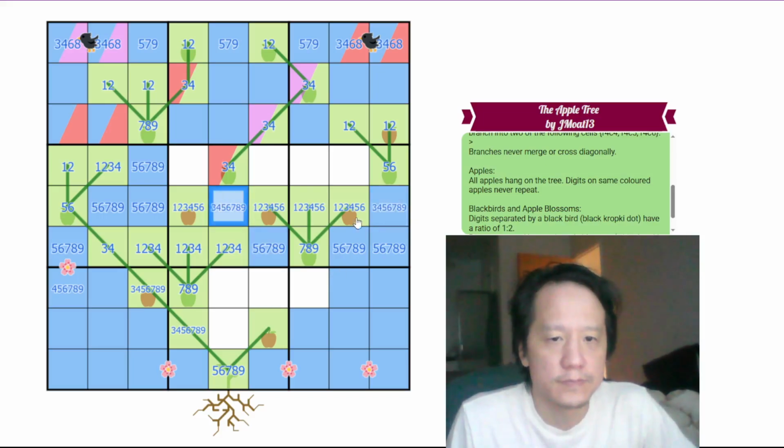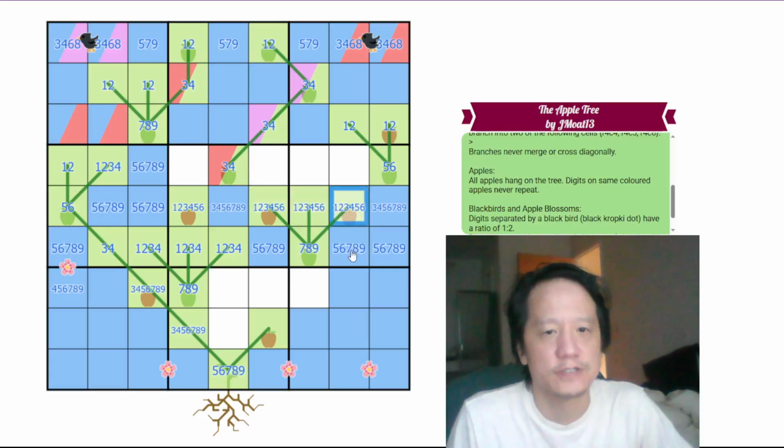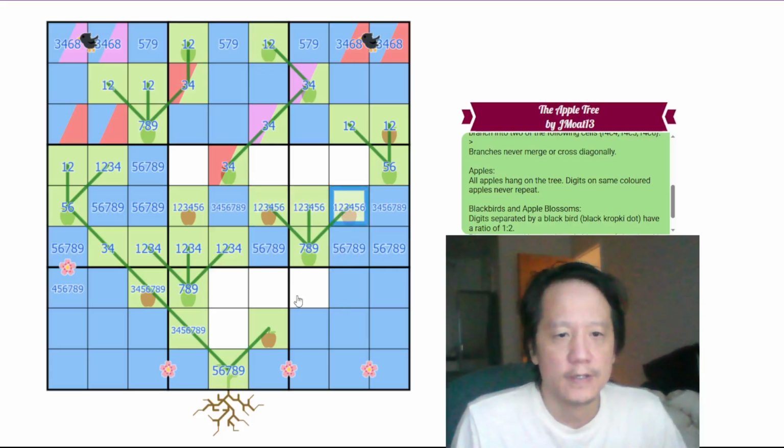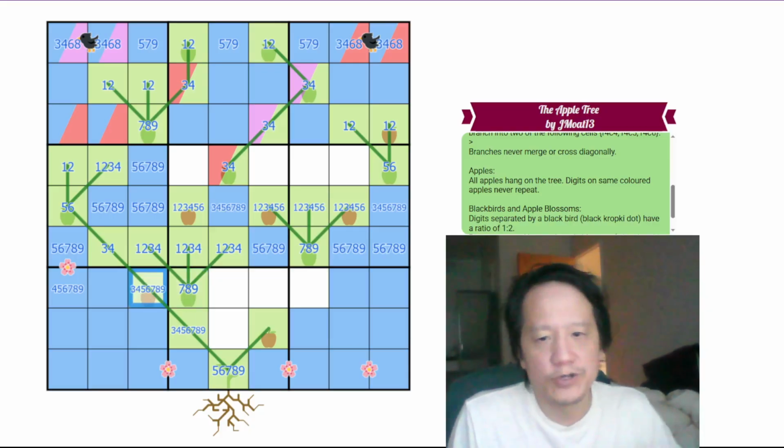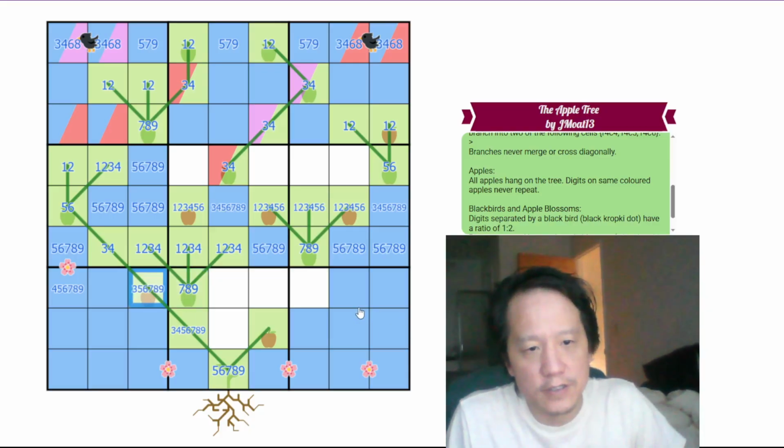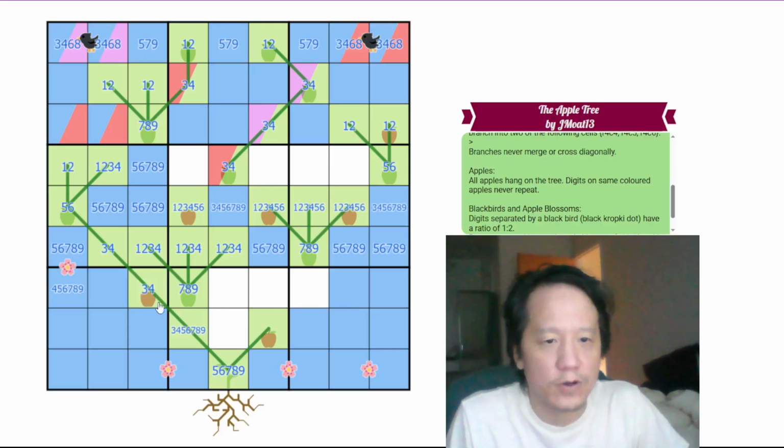Because again, the 1, 2, 3, 4 cannot branch. Cannot be in these branches, essentially. Okay, 7, 8, 9. This only branches to 1, so this is 3 or 4.